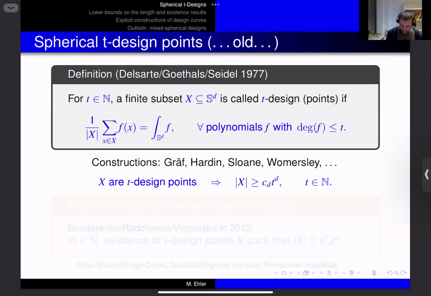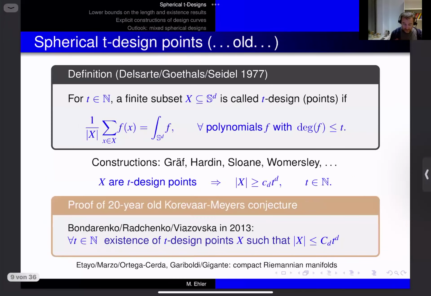And then there was a 20-year-old conjecture by Korevaar and Meyers that has been successfully verified by a famous paper by Bondarenko, Radchenko, and Viazovska in 2013. And they showed that this lower bound that we have for the cardinality of the T-design points can be matched.